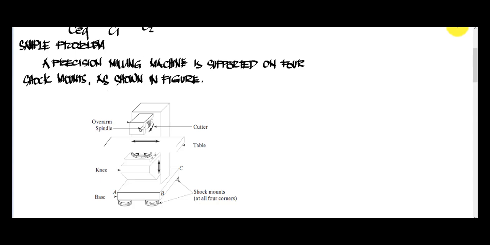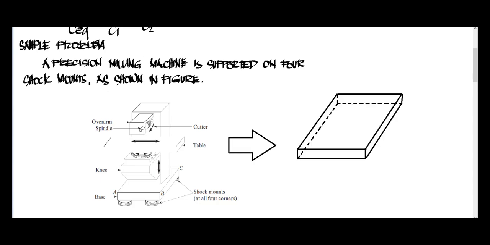Now the elasticity and the damping of each shock absorber can be modeled as a spring and a viscous damper. So the same as what was done before, that will be a combination now. Since the machine is being supported by a shock mount, it also has elasticity.